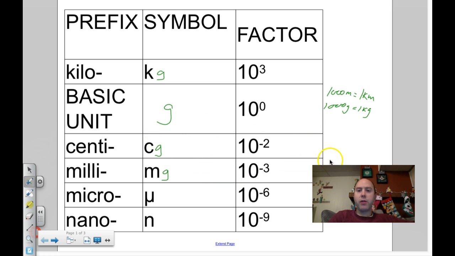There are 1,000 millimeters in 1 meter, or 1,000 milliliters in 1 liter. For centi, like a century, it's 100. There are 100 centimeters in 1 meter.